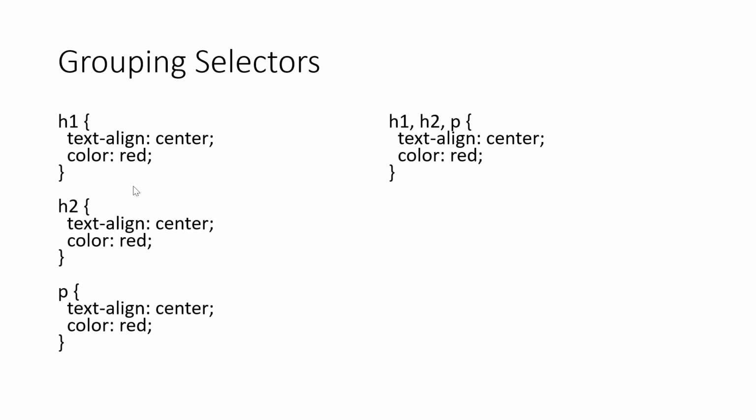All the 3, what you can notice here is the text alignment we make center and the color we set to red. So the 3 elements are doing the same, so we can group them. When you see text like this, it means that for H1, H2, and P, we make the text alignment center and the color red.